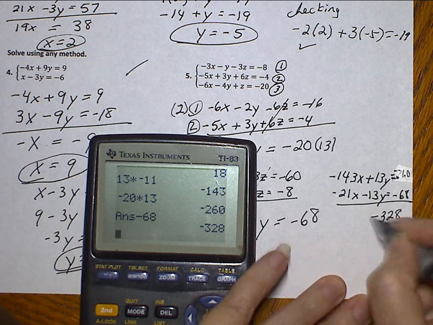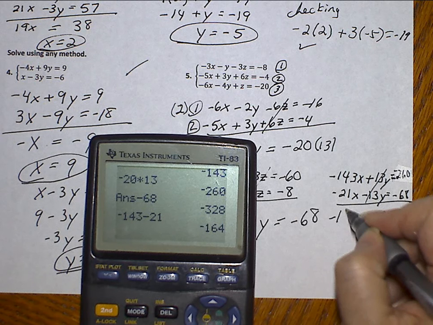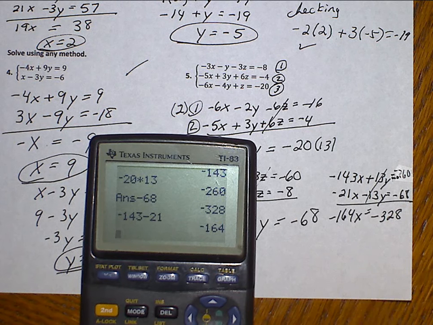Y's are gone, and we have a negative 143 minus 21 gives me a negative 164x. So I take negative 328, divide that by negative 164, x is 2.